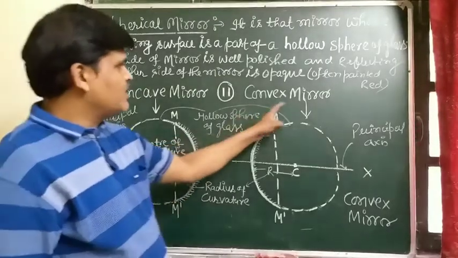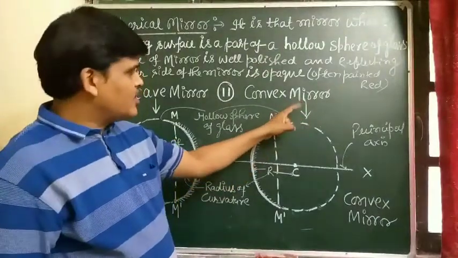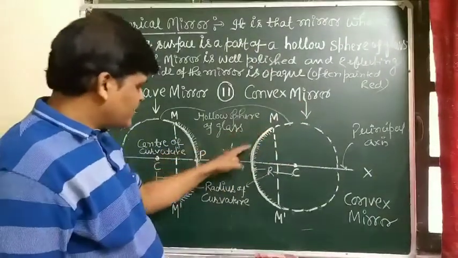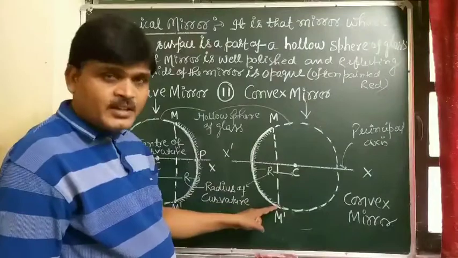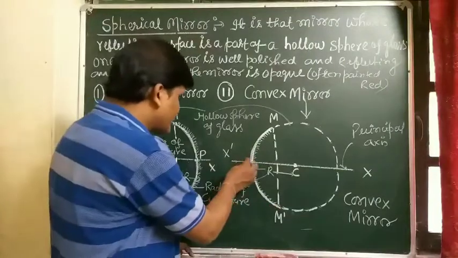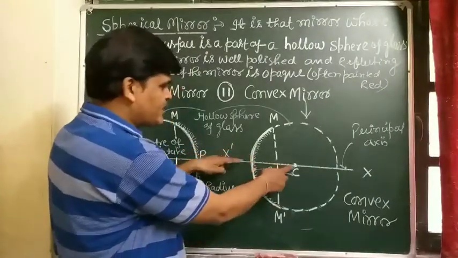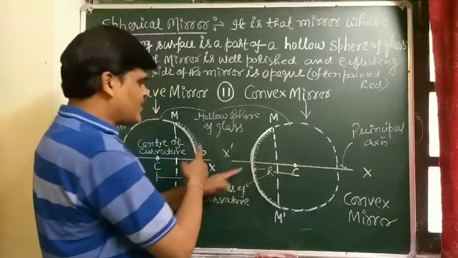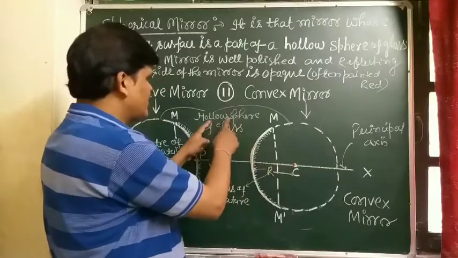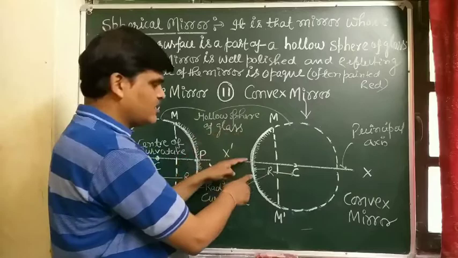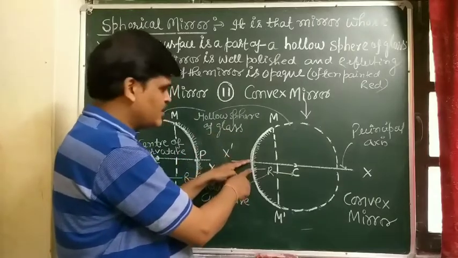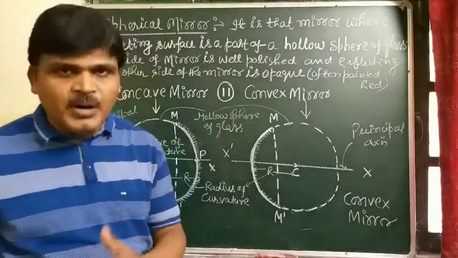In case of convex mirror, it is that spherical mirror in which the reflecting surface is away from the center of the hollow sphere of glass, of which the mirror is a part.